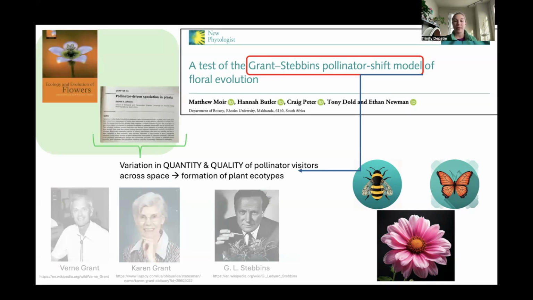And if this happens, this will lead to the formation of plant ecotypes. There will be certain plant populations across a landscape that are more focused on getting visits from bees, while other populations are more focused on getting visits from butterflies. So that is the Grant-Stebbins pollinator-shift model.